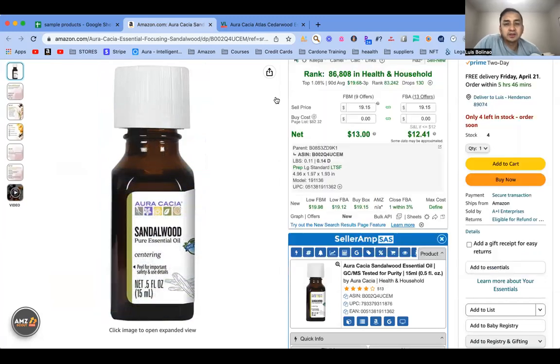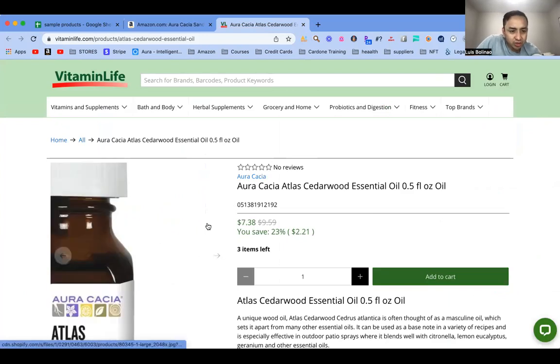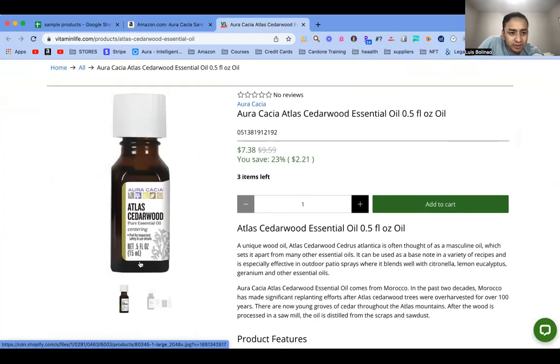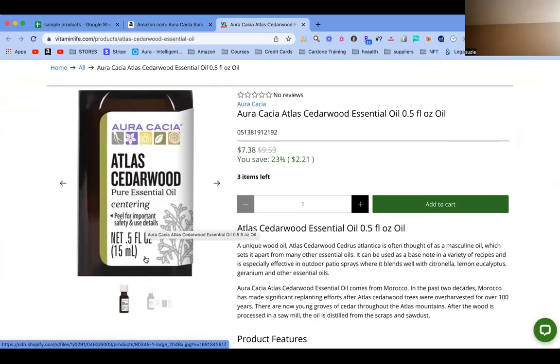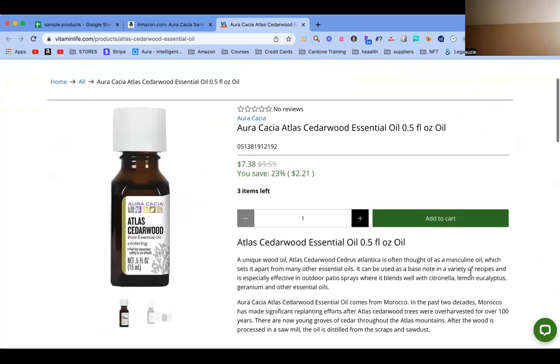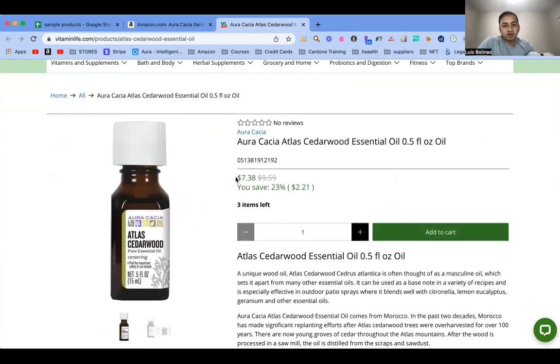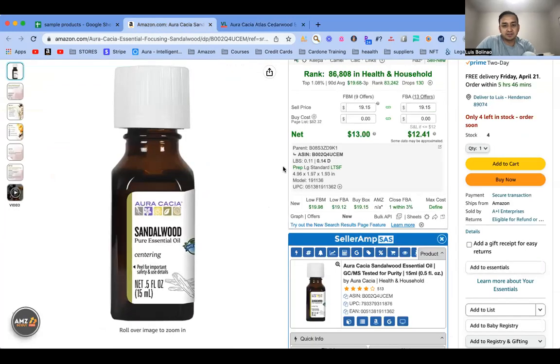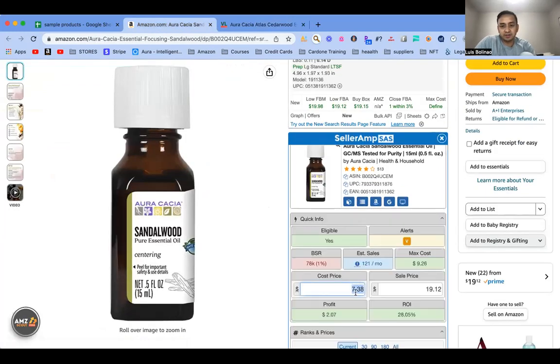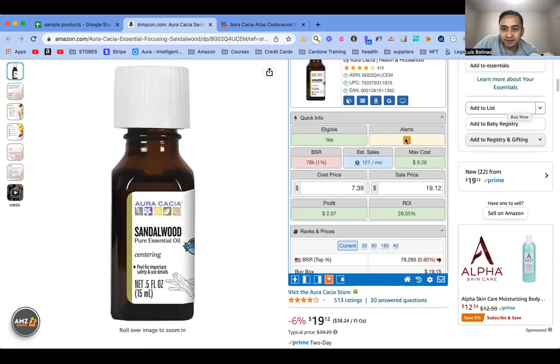Sandalwood, okay. They're the same one? Like the same one, right? Same. So $7.38. You plug it here. This one has a variation. This one we've got to go deeper.